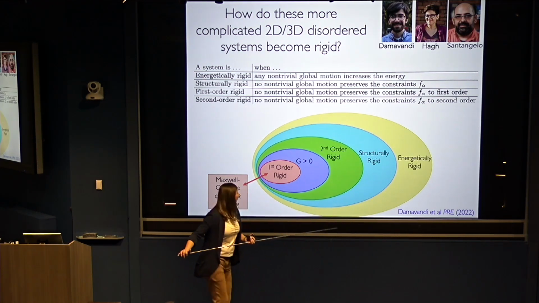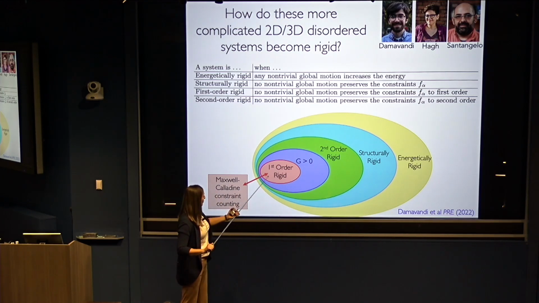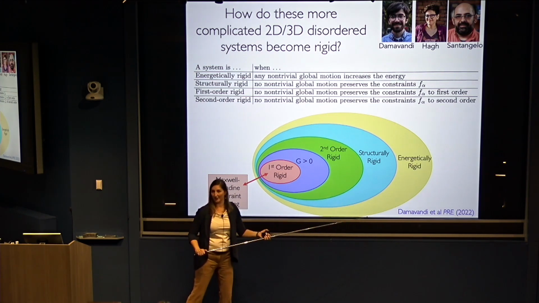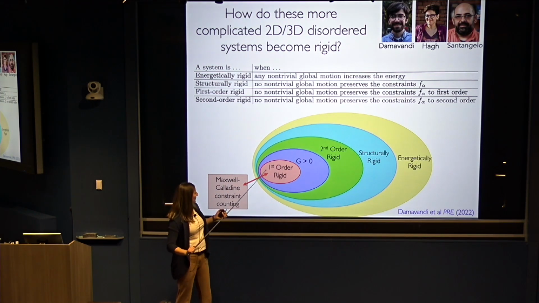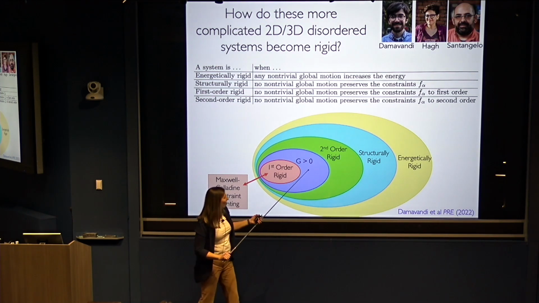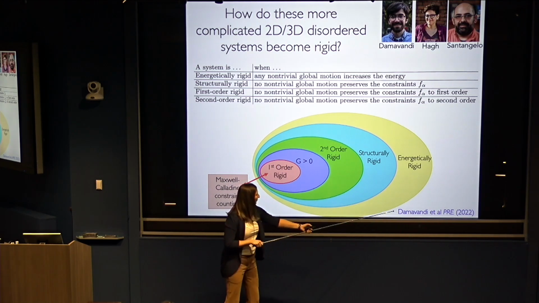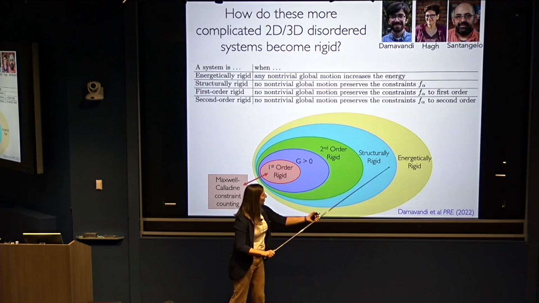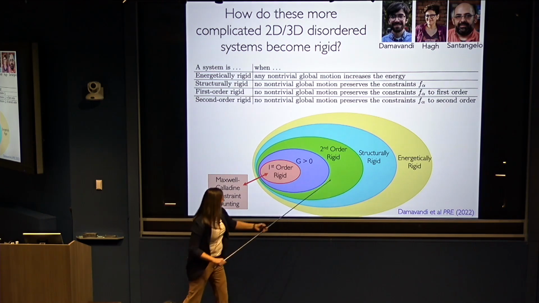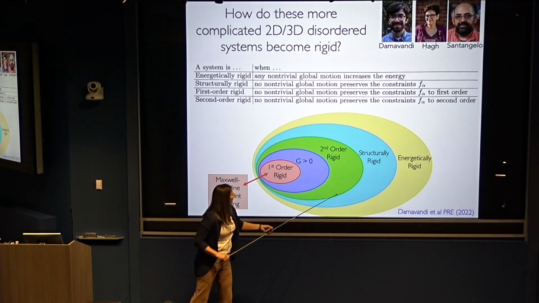And it turns out that constraint counting, or first order rigidity, is necessary but not sufficient for energetic rigidity. So if something is first order rigid, it's rigid, but it doesn't guarantee the converse, right? And so what you find is there's this whole hierarchy of rigidities, and in a recent paper we go through it, and second order rigidity lives here.